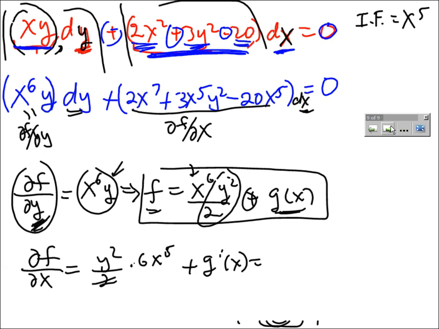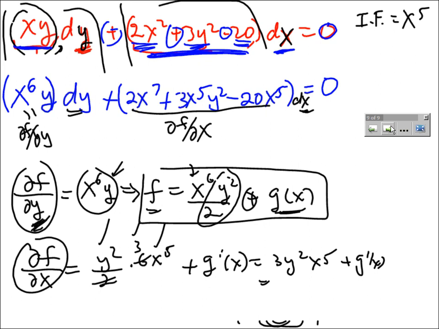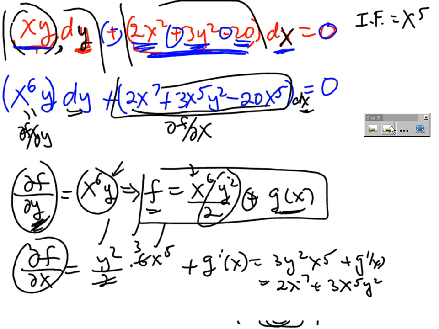All I'll say is that 2 goes into 6 3 times. That's 3 times y squared times x to the 5th, plus g prime of x. That's on one hand. On the other hand, I know what partial f partial x equals. It equals 2x to the 7th plus 3x to the 5th y squared minus 20x to the 5th.